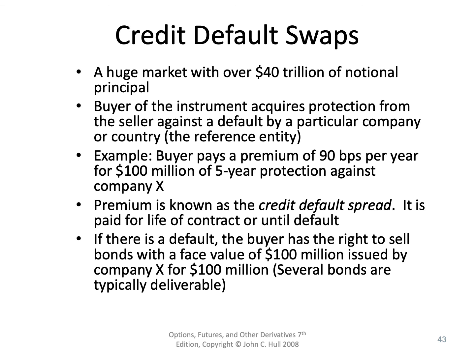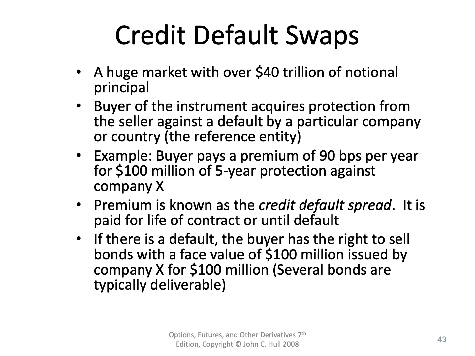The buyer of a credit default swap acquires protection from the seller against default by a particular company or a country, which is called a reference entity. For example, a buyer may pay a premium of 90 basis points per year for $100 million of 5-year protection against company X defaulting.